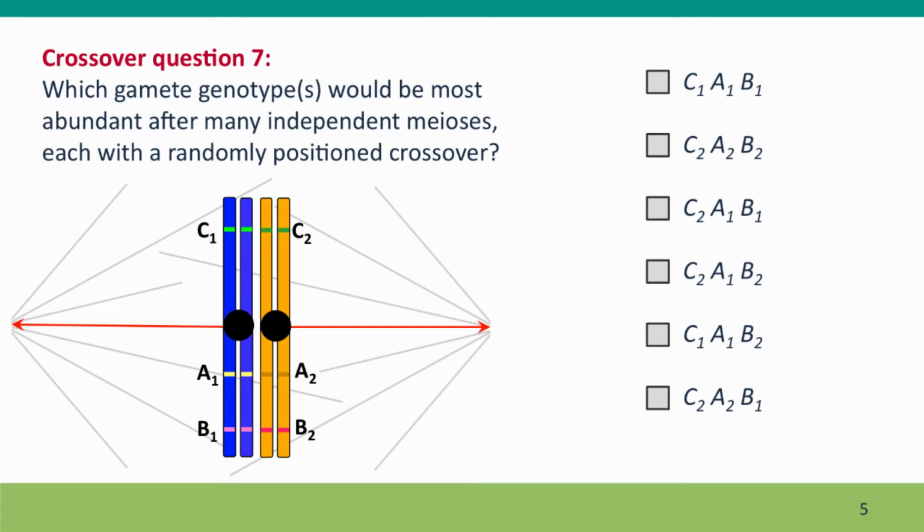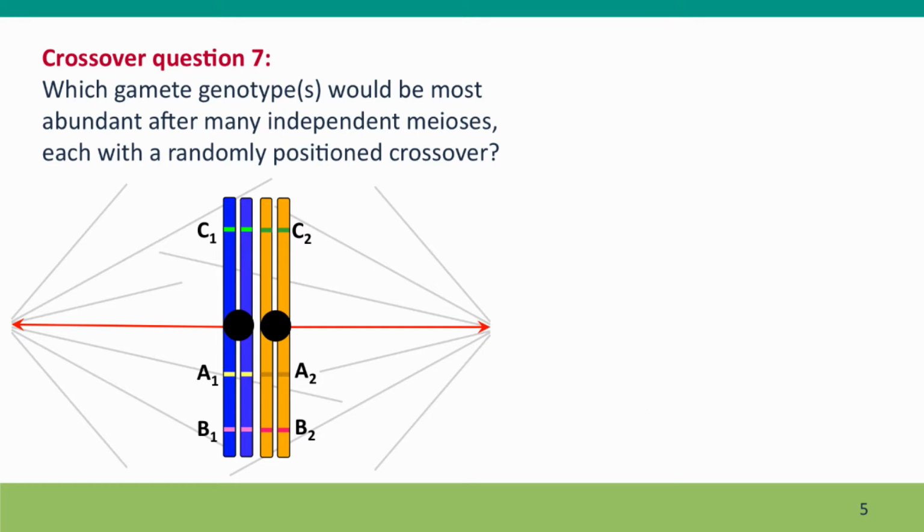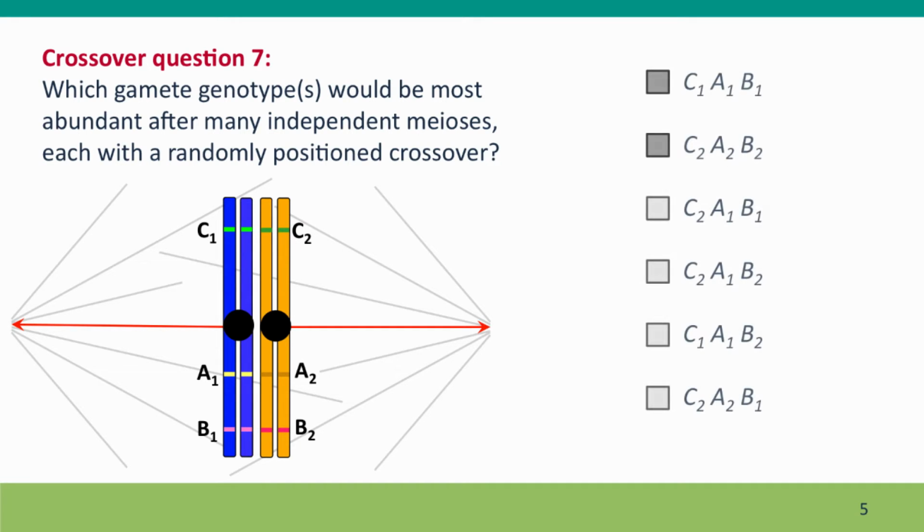Now, another version of the question: which gamete genotypes would be most abundant after many independent meioses, each with a randomly positioned crossover? Now I've included in the list both of the parental genotypes, and again, they are the most likely. The other genotypes are less likely.